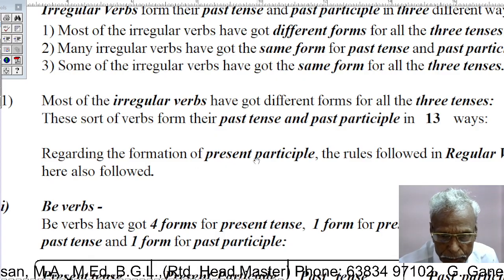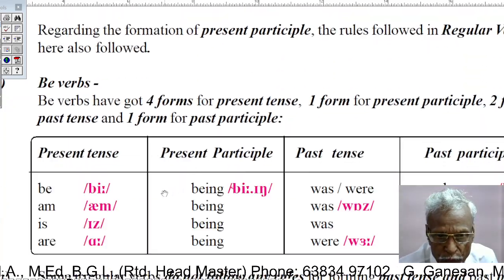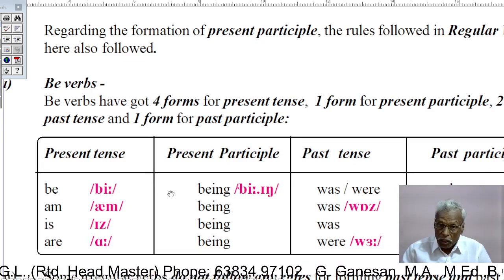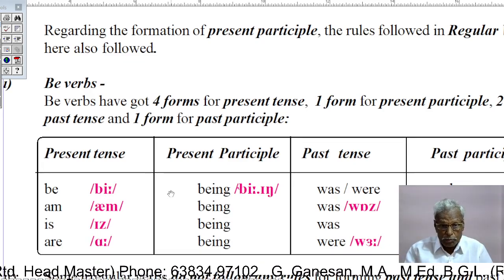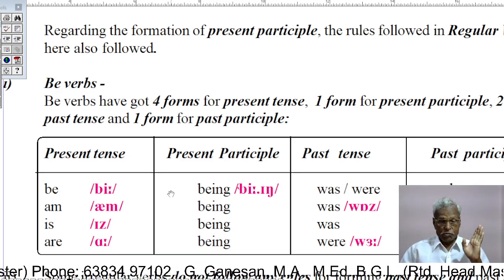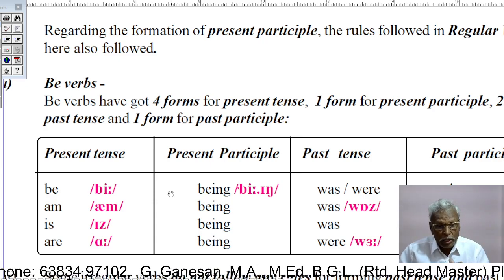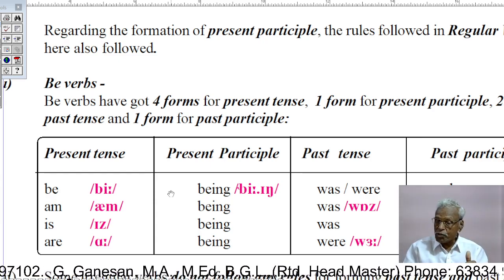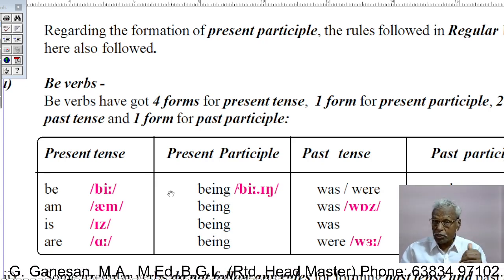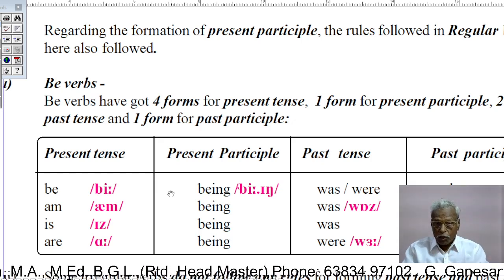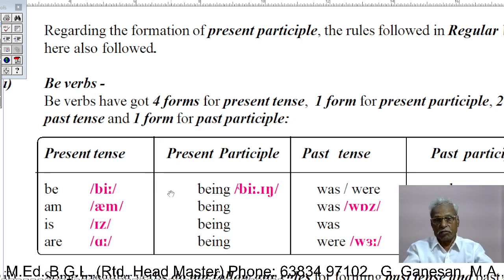Let us see. First, be verbs. Dear students, even though I have talked about the be verbs in regular verbs, here also I have to talk about be verbs, because be verbs, regarding the formation of present tense, past tense and past participle, fall under the category of irregular verbs.